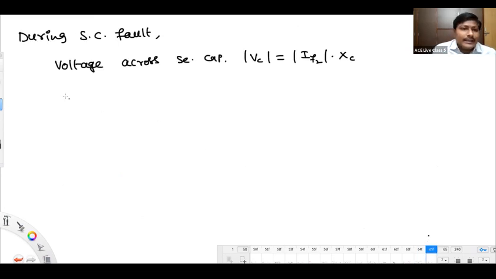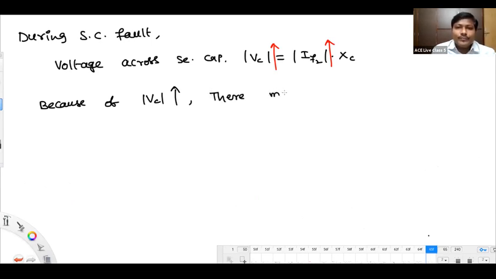As IF2 is very, very high, VC will also be very high. Because of the large value of VC, there may be possible damage to the series capacitor.